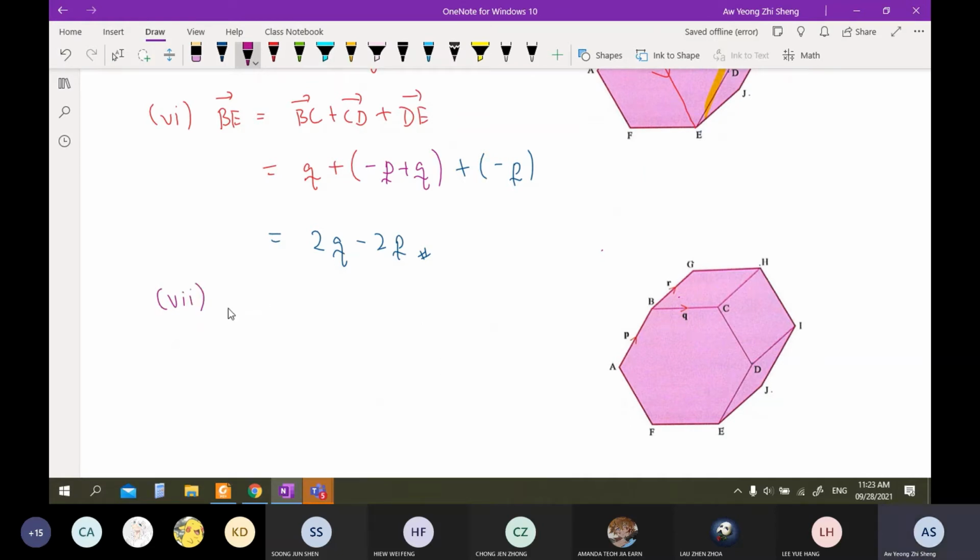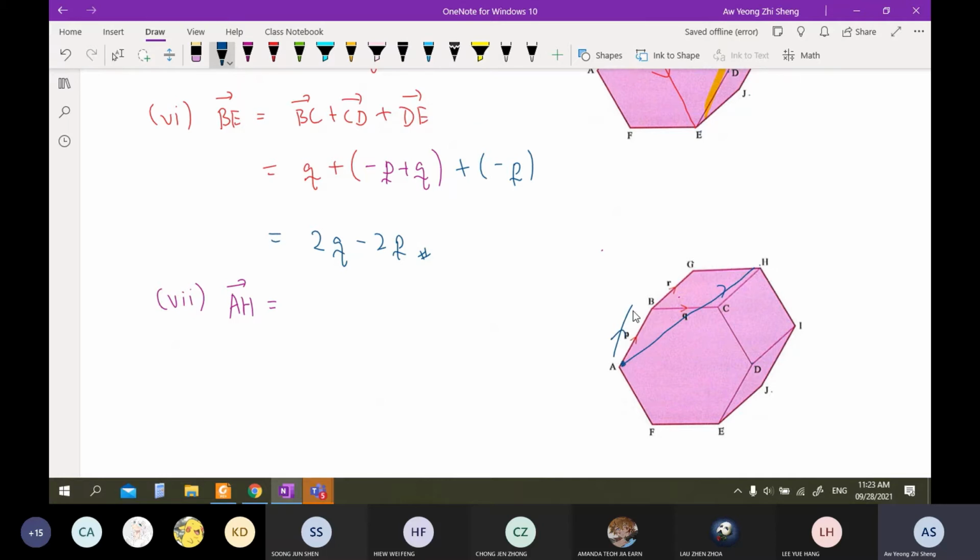For part 7, you have AH. Where is A to H? This straight line AH will pass through the interior of the shape. So let's find a path that is convenient for us to use.